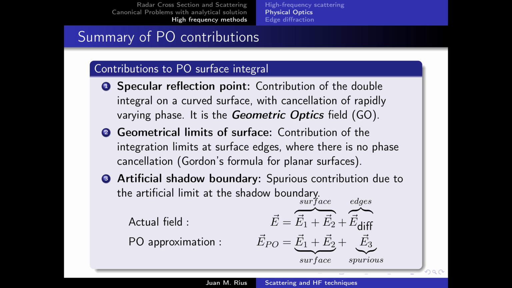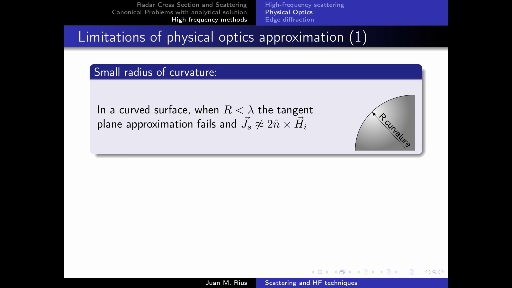But physical optics approximation doesn't account for edge diffraction because it uses the tangent plane approximation that assumes an infinite surface. Instead of edge diffraction, physical optics includes this spurious contribution that comes from the artificial ends of the surface. So, what are the limitations of physical optics approximation?